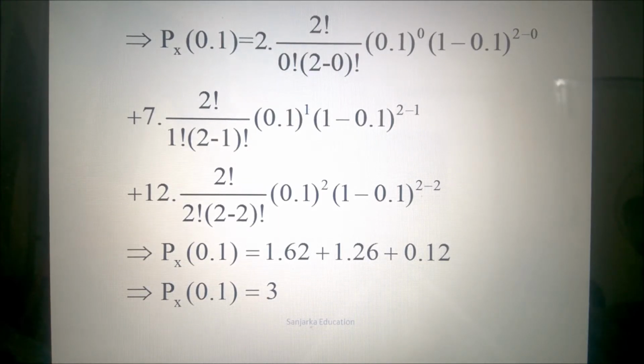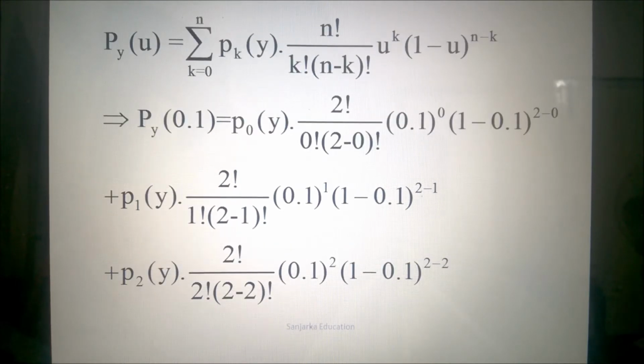Exactly in a similar way we can find the y coordinate for u equal to 0.1. That formula we already showed in the earlier cases, and we just substituted the values here.